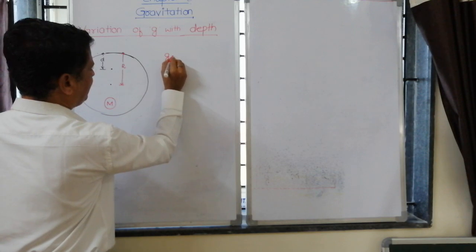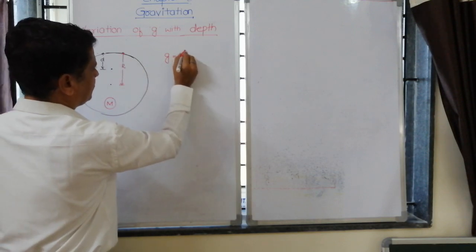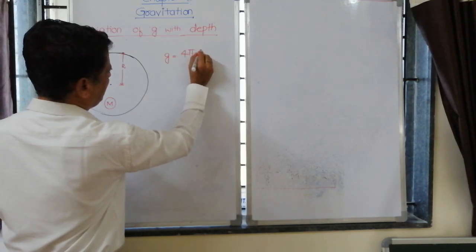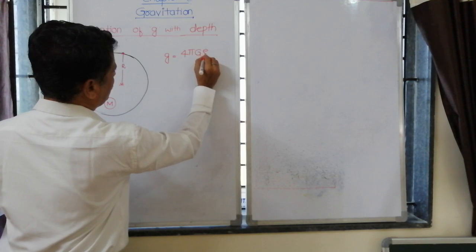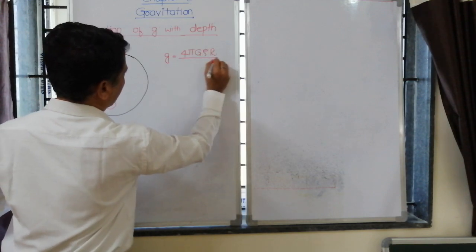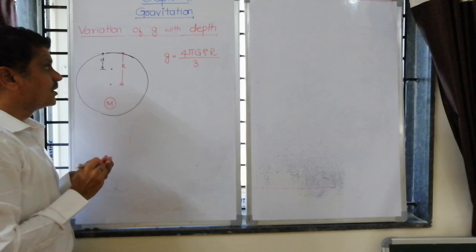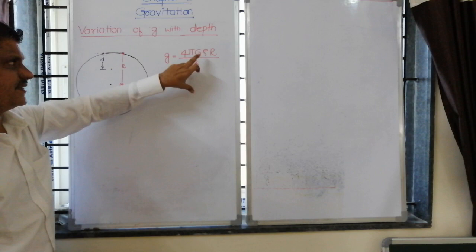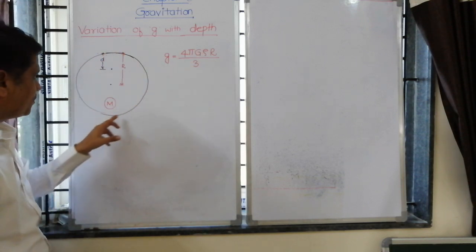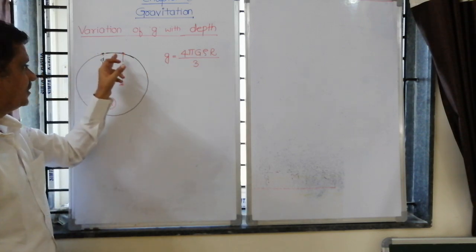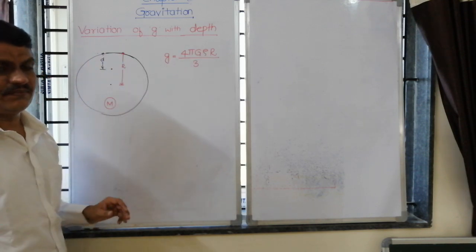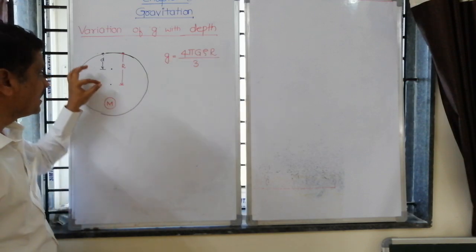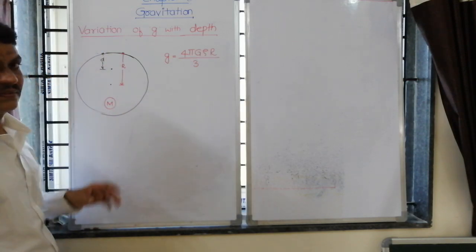Then acceleration due to gravity on the surface of the earth is obtained as 4 pi G rho r by 3. Once again, here 4 pi G are constants. Rho: I assume that the complete earth has uniform density. And just now in the beginning of today's class I told you r means distance from the center of the earth.